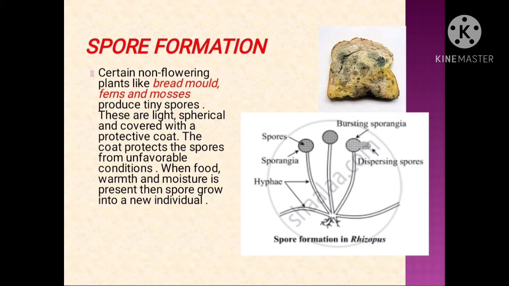When the conditions become favorable, the thick coating breaks open and the spore germinates to produce new plants. Mucor, fern, moss, and bread mold reproduce asexually by spore formation. The white fluffy mass growing on the surface of moist stale bread is the germinating spore of Rhizopus.